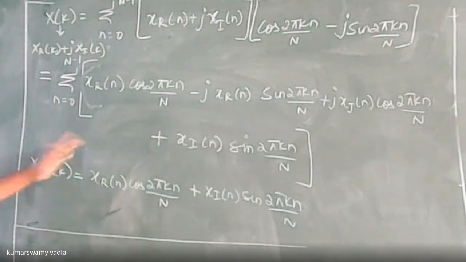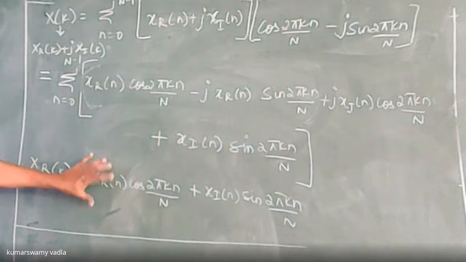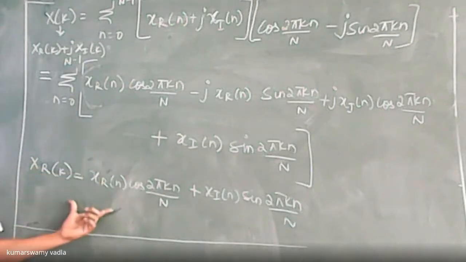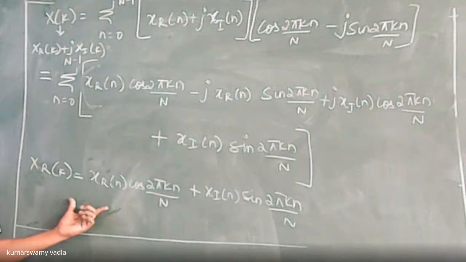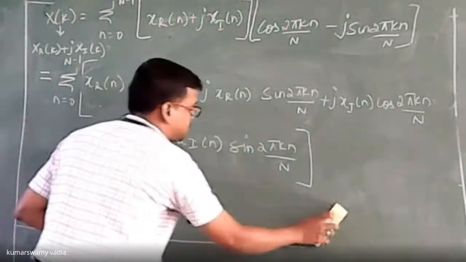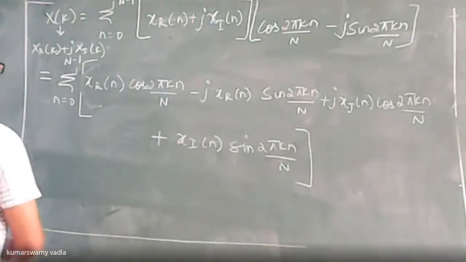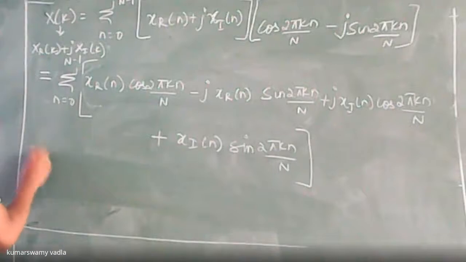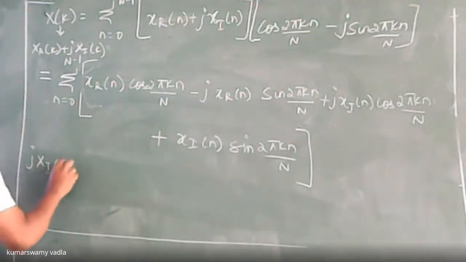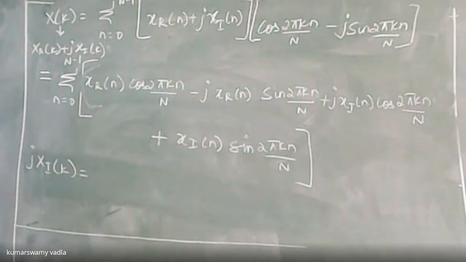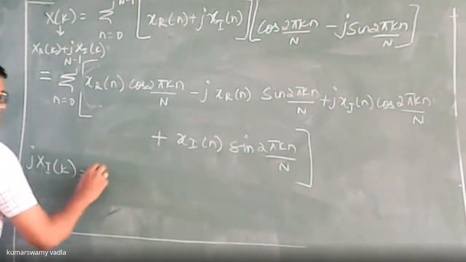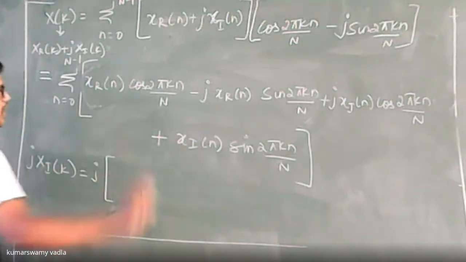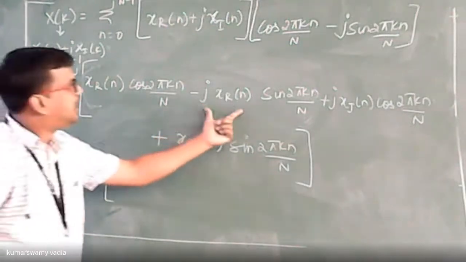Because I don't have space, I need to rub this expression. Can I rub it? Now, to write down the imaginary part, jXi of k is equal to, I will take common j outside.